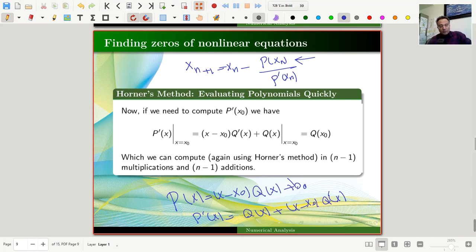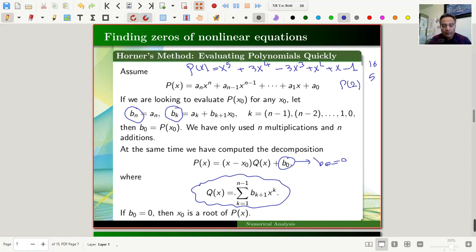Now, if you put x0 instead of x, this term vanishes, and just q of x0 remains. So if you want to compute p prime of x0, you can compute q of x0. What's q of x0? We showed it here. This is the q of x.